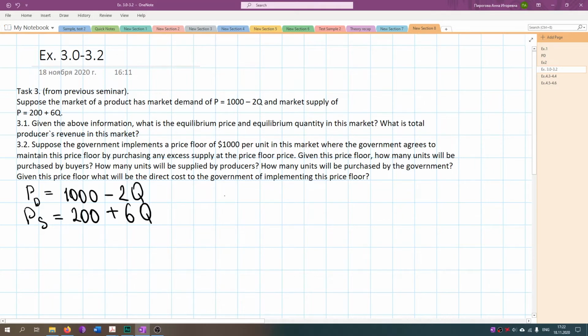And firstly, let's work with these functions to get a function of quantity.